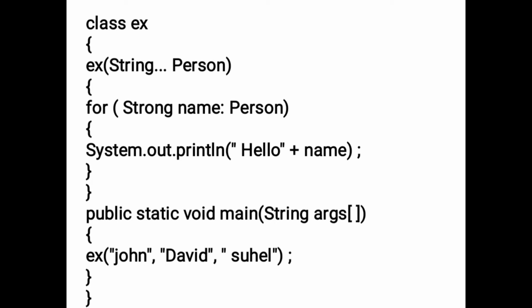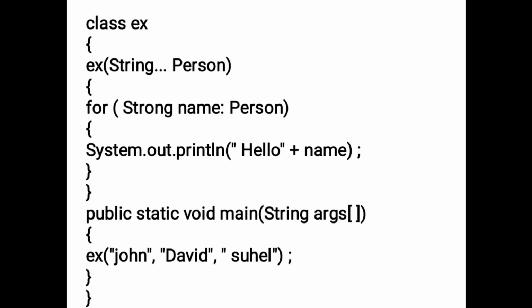Here I am writing one example of the variable argument. It is a class, and the class name is Example, and inside the class write the constructor method, whose name is Ex, and here I am using a variable argument, that is String three dots, and the variable name is person. Next I am using a for loop, that is an enhanced for loop.